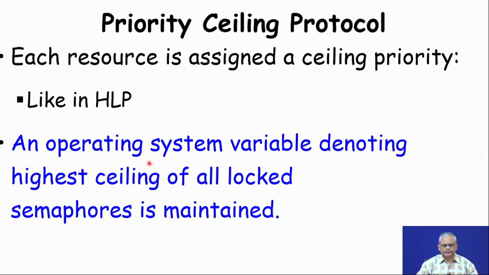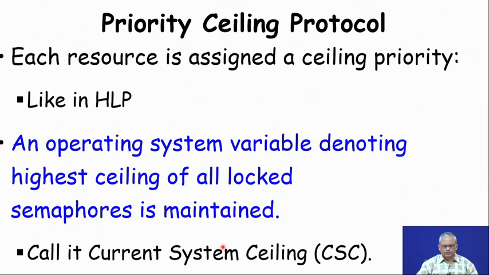Here it is only a system variable whose name is current system ceiling, and its value becomes equal to the ceiling value. The task's priority upon acquiring a resource does not change.